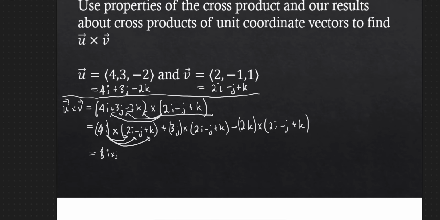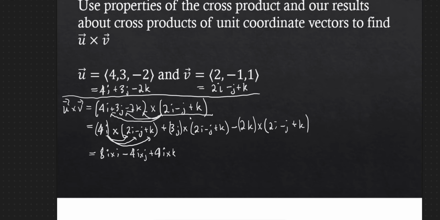Oops, I did i cross j. My bad. That should be i cross i. That's the first term. Minus 4i cross j, plus 4i cross k. All right, so that's this first one taken care of.